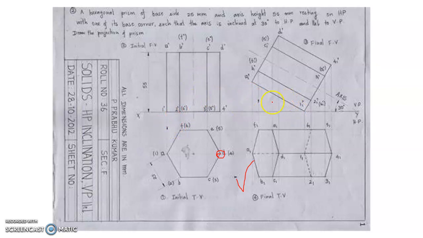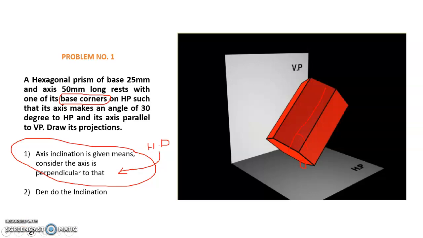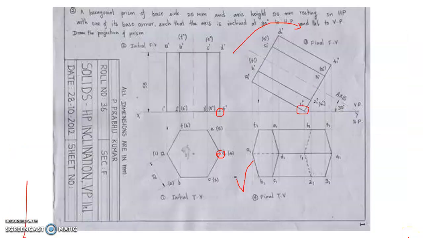You can tilt in the opposite direction also. So now we are tilting the hexagonal prism such that one of the corners is touching the ground. So one of the corners is resting on the HP. Now we incline the axis, and this is the final projection.